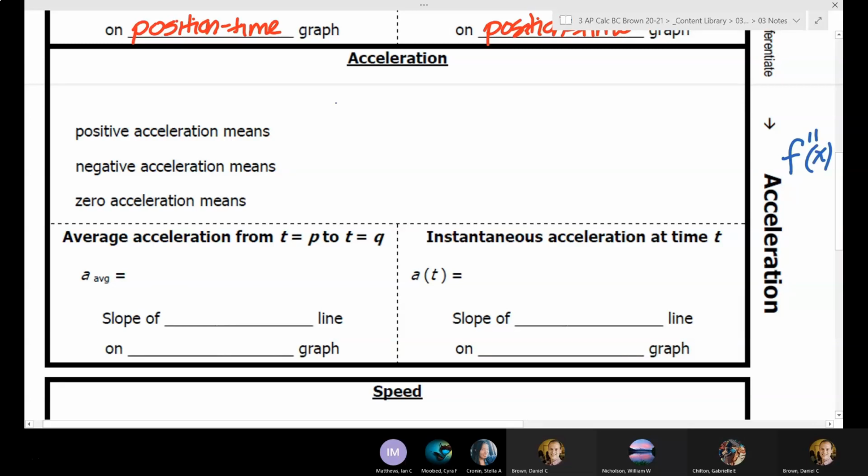Acceleration is the derivative of velocity or the second derivative of position. How we're going to define acceleration for this class is the rate of change of velocity with respect to time.